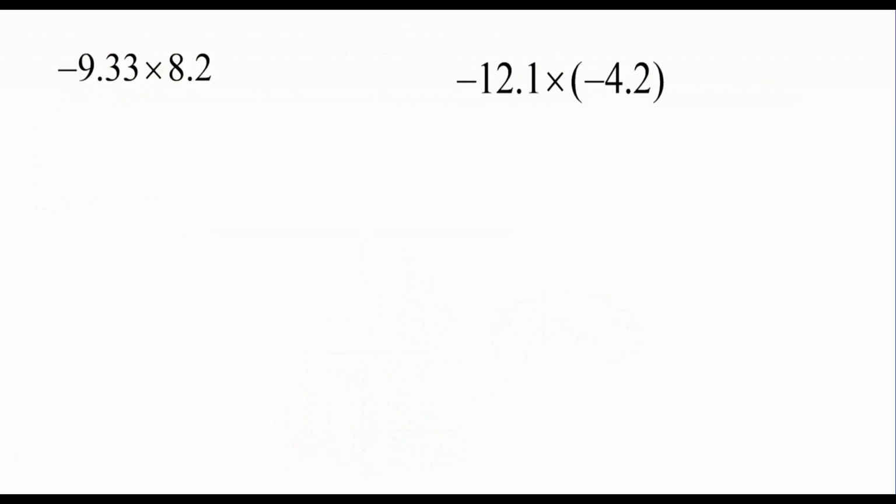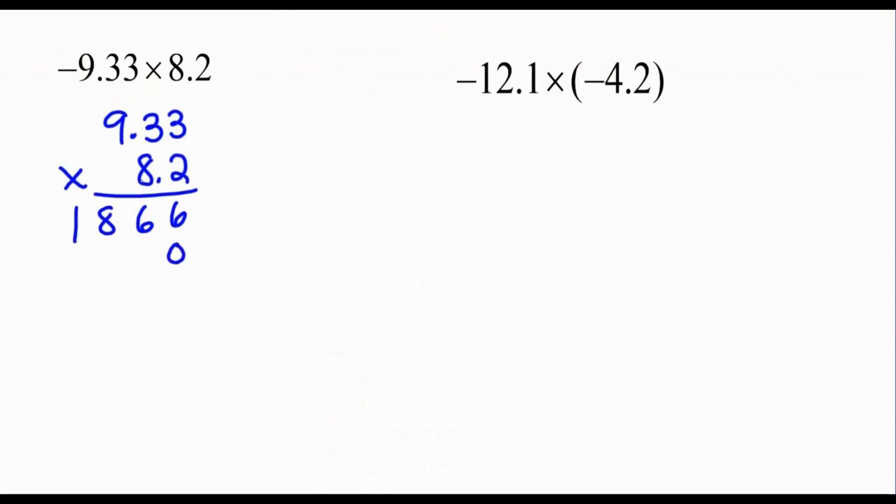Here we have negative 9.33 times 8.2. So this is a negative times a positive. So I know my product is going to be negative. So I just need to remember at the end, I know my answer is going to be negative. Now I just need to multiply these numbers like I would multiply any decimal numbers to find my product. 2 times 3 is 6. 2 times 3 is 6. 2 times 9 is 18.